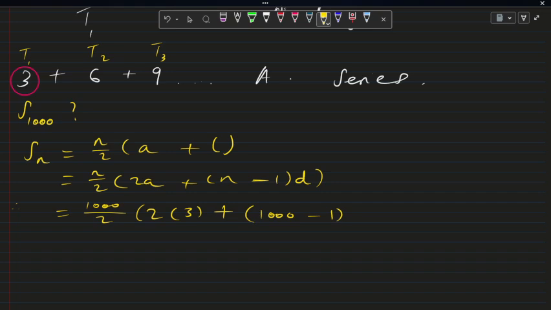Now d is the common difference, so we obtain the common difference by saying T2 minus T1, so it will be 6 minus 3, which will give us 3. We can just insert all of this in our calculators and see what we obtain from it.